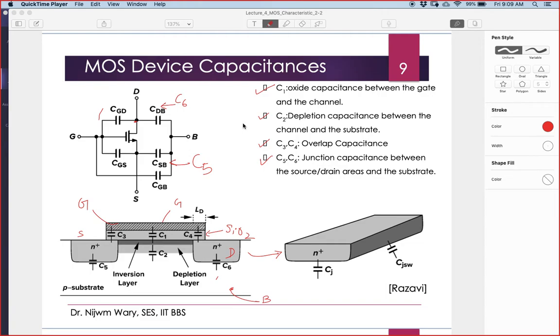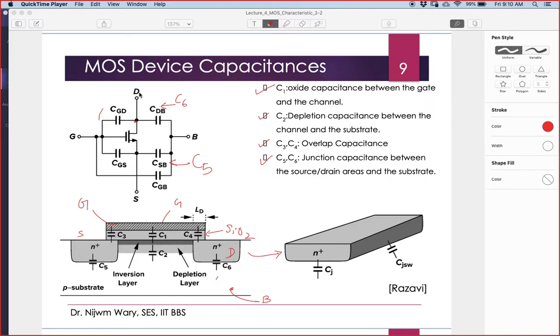Today we will be discussing how we can estimate all the different parameters. Last time we discussed the capacitance CGD between the gate and the drain, CGS between the gate and the source, CDB between the drain and the bulk, and CSB between the source and the bulk, and also a capacitance CGB between the gate and the bulk.